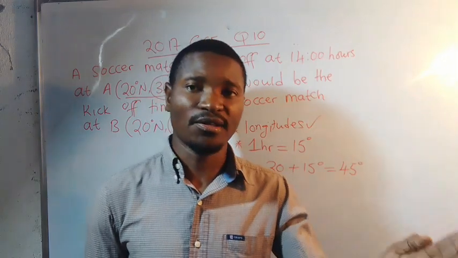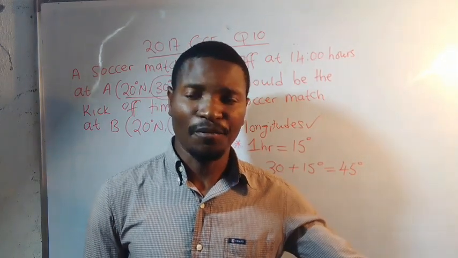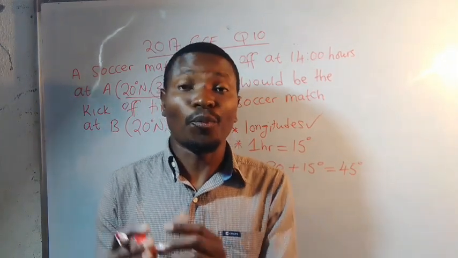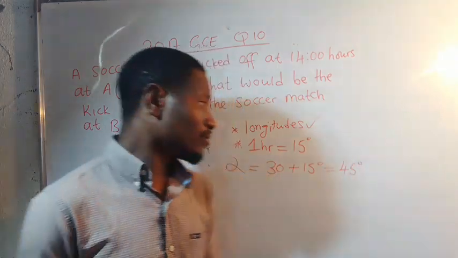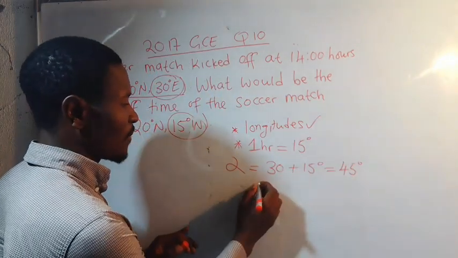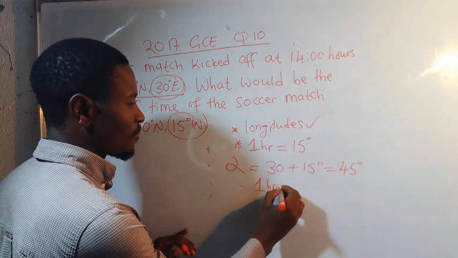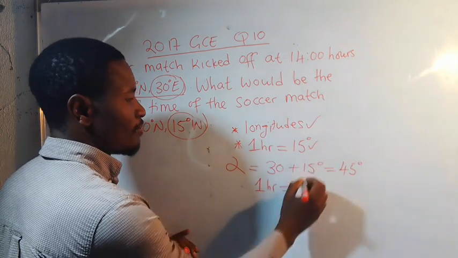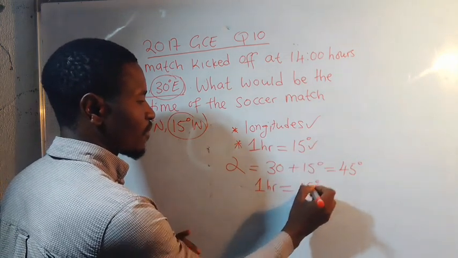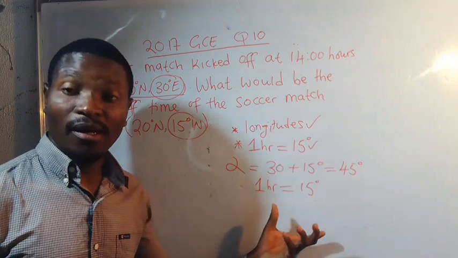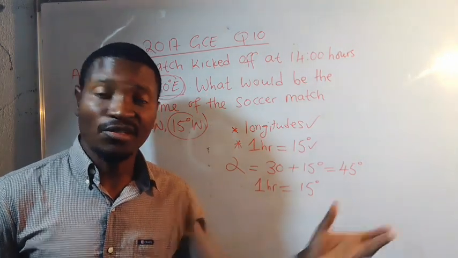How many hours does the earth turn? This is simple proportional mathematics. So in 1 hour, the earth moves 15 degrees.